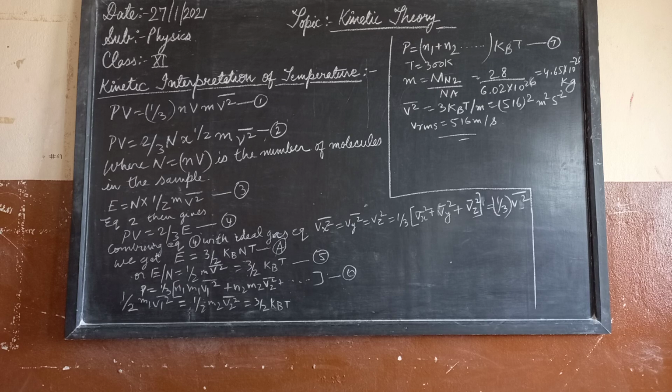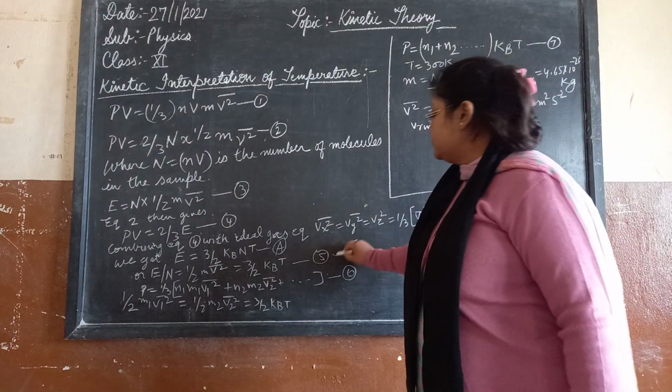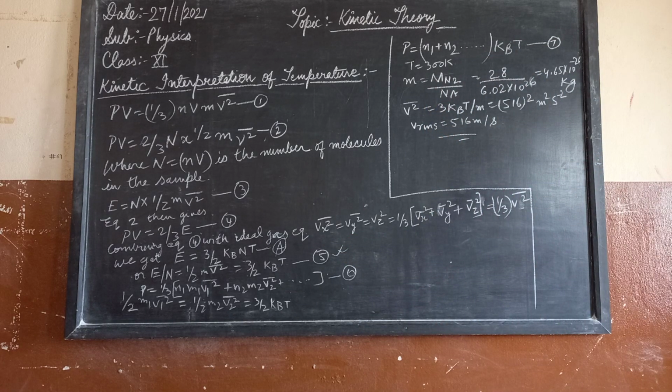From the fifth equation, E upon N, we can get the idea of the typical speed of a molecule in a gas at a temperature T equal to 300 Kelvin.